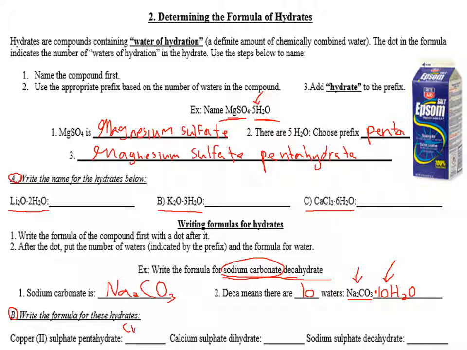So here we'd have CuSO4·5H2O. And if you don't remember how to write down those formulas, you got to go back and review. Here we'd have CaSO4·2H2O.